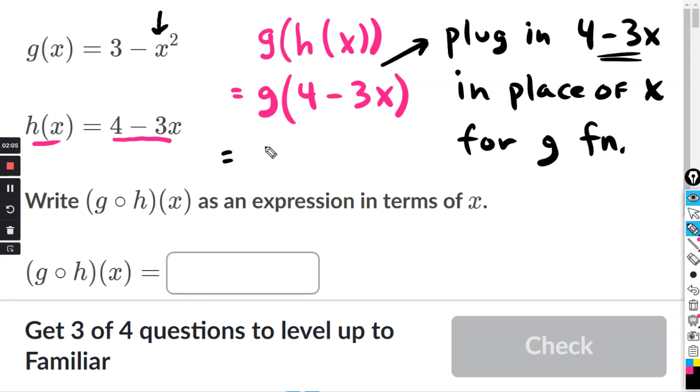All right, so we have 3 minus, and in place of x, we're putting 4 minus 3x. And that x is squared, so the 4 minus 3x is also going to be squared.